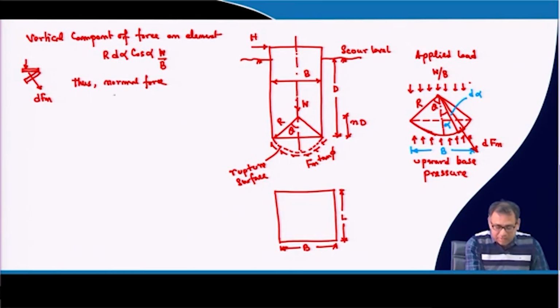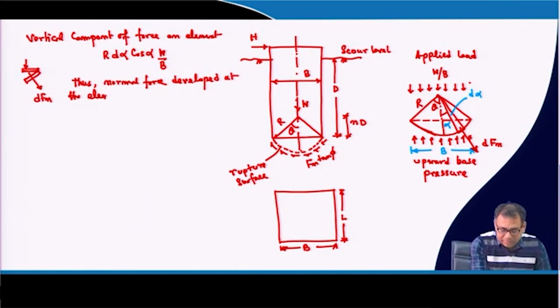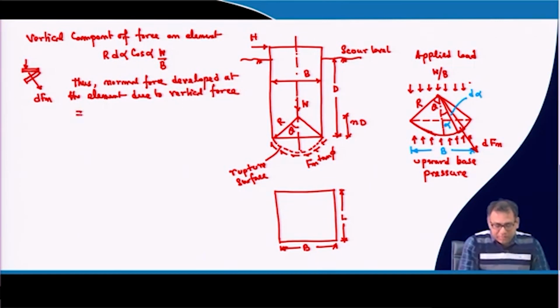So, thus the normal force developed at the element due to vertical force will be equal to, now this is the vertical component; again remember that this is the vertical component of the force on the element, but we want to determine dFN.